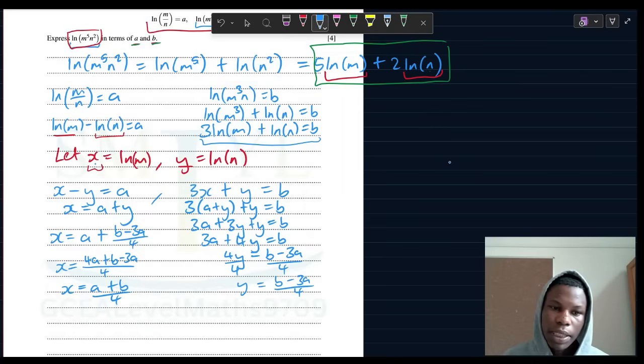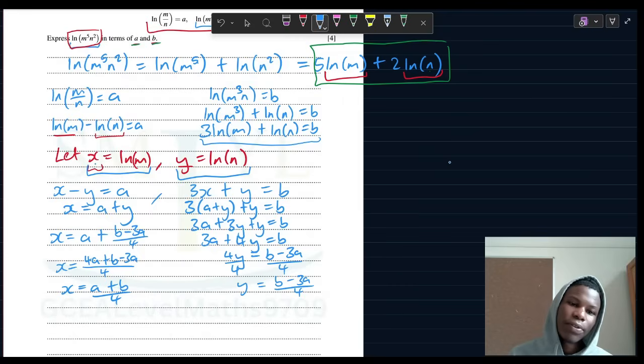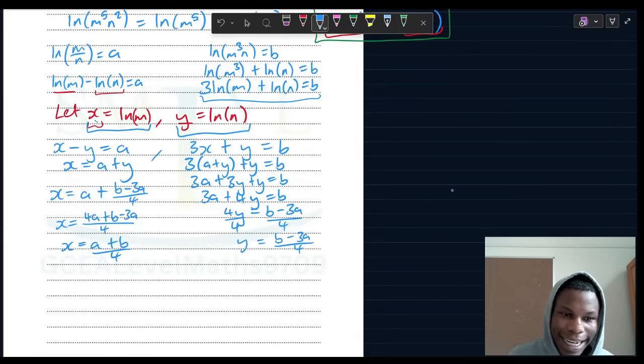And remember, what did we say? We said that let x equal the natural logarithm of m and y the natural logarithm of n. So if x is equal to (a plus b) over 4, that means the natural logarithm of m is equal to (a plus b) over 4.